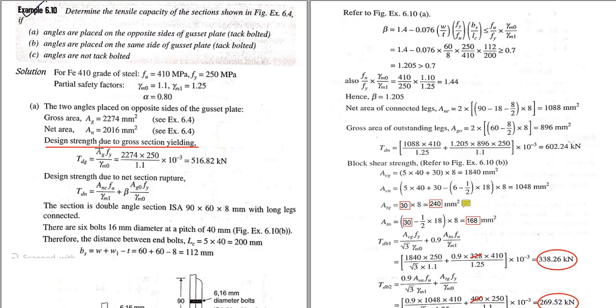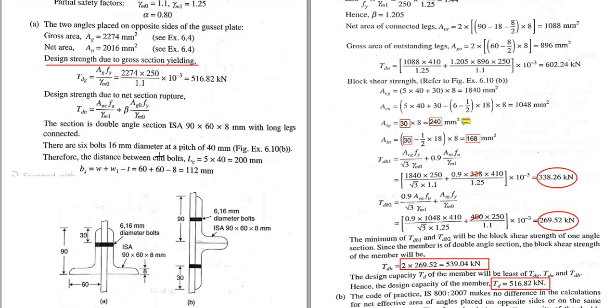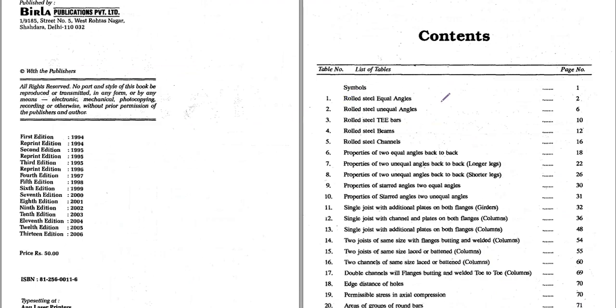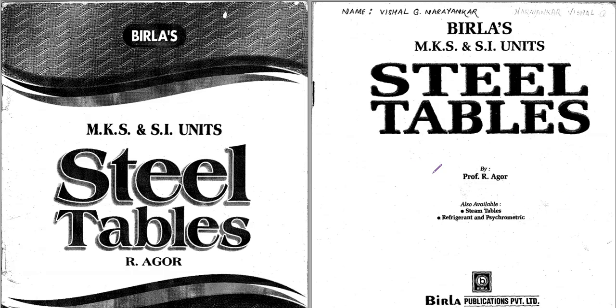Now in this part, what is AG? AG is the gross area, and how to find this? If you open your steel table or SP6, then for this angle section, that means ISA 90 cross 60 cross 8, the cross sectional area or gross section area will be given. So I have this steel table, let us go to it. This will be the first page and it will be supplied in your exam.